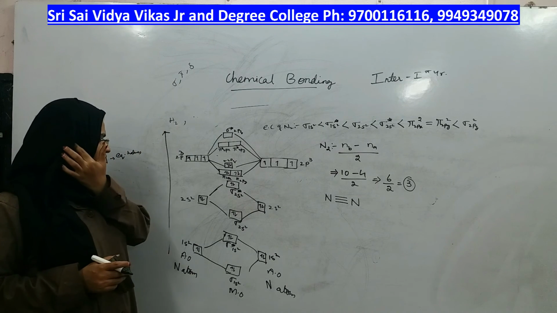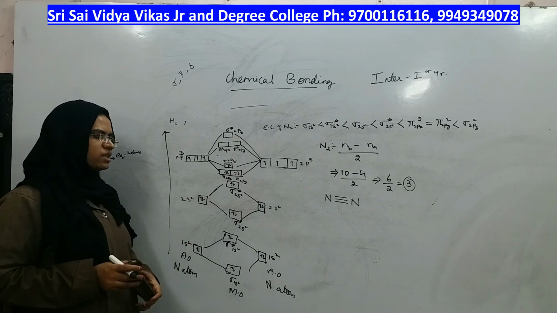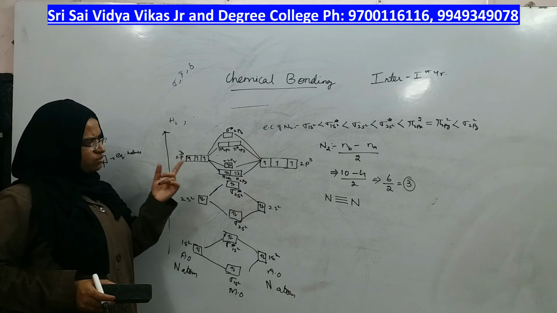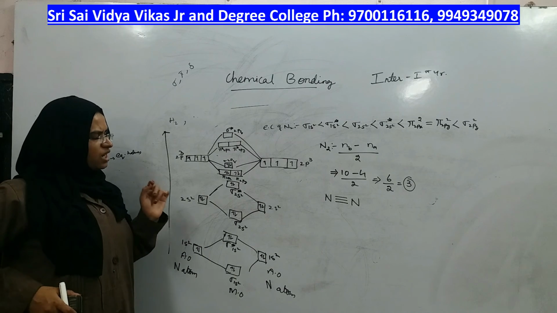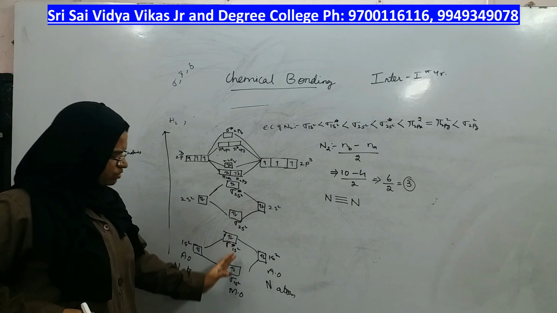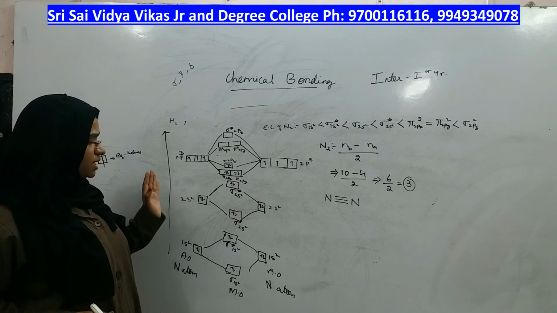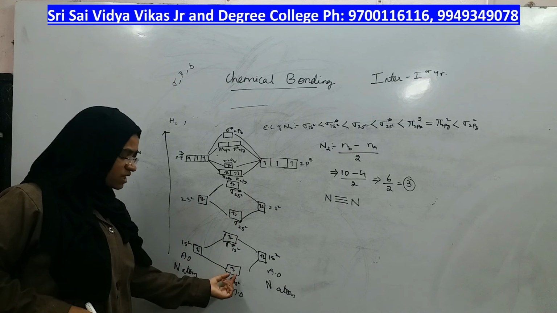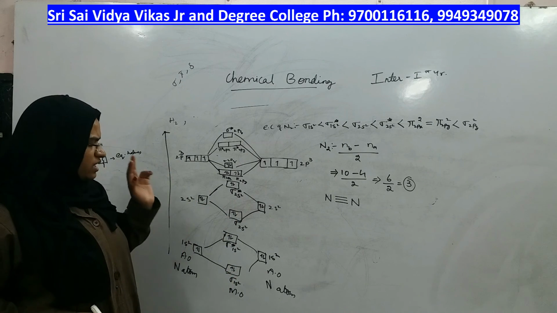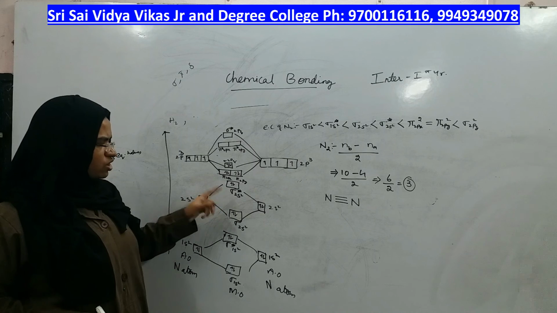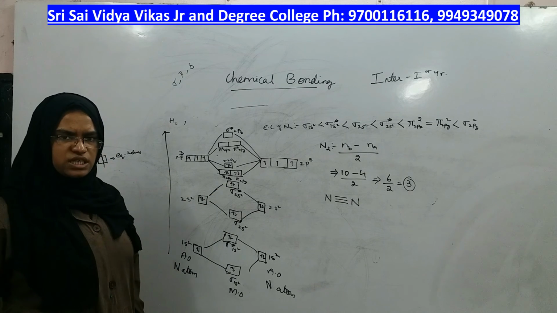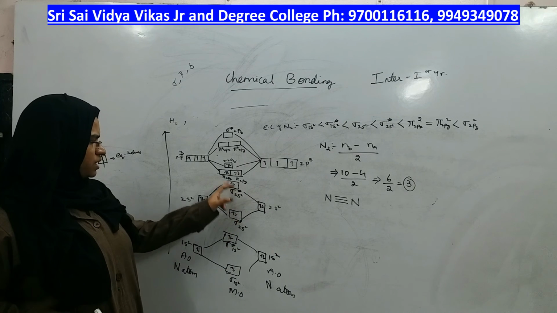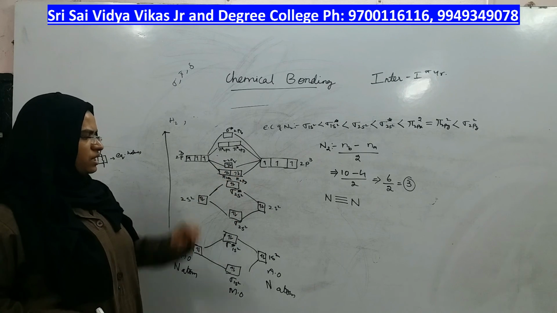Now one thing we can also note down from this molecular orbital energy diagram is, after drawing the complete diagram, you try to see, is there any unpaired electrons in the molecular orbitals or not? Not in the atomic orbitals. You should see the molecular orbitals which are in the center and observe, does any molecular orbital have only 1 electron or not? Paired electron, paired electron, paired electron, paired electron, paired electron, paired electron and paired electron, right?